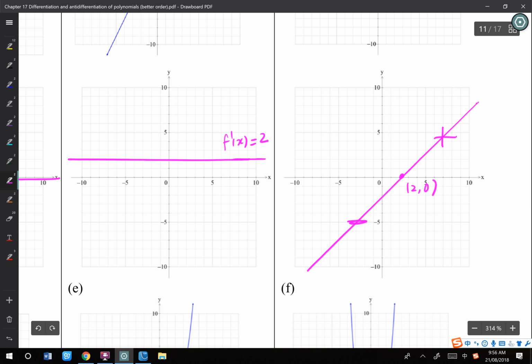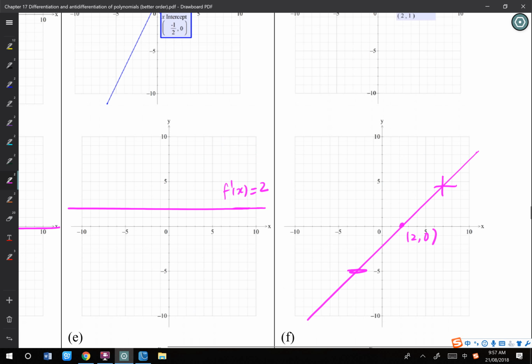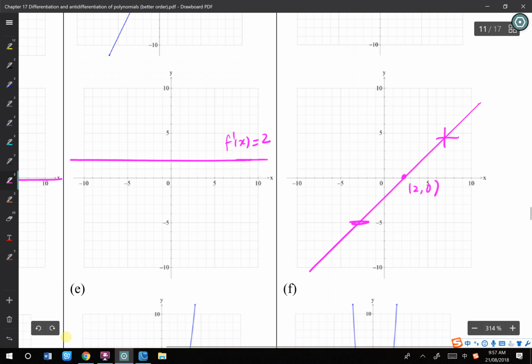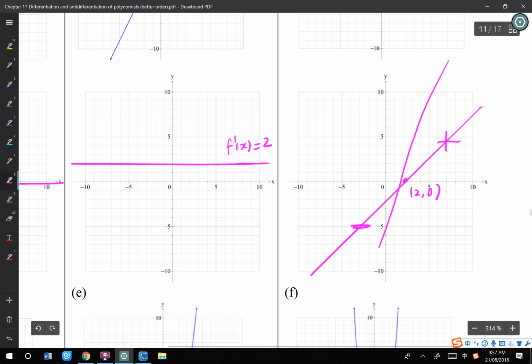It can have any gradient because I can't really know the gradient, but I need the positive and negative correct. It can be more steep like this, but I don't really care. As long as you can draw the shape correctly with the positive and negative correct, that's all good.